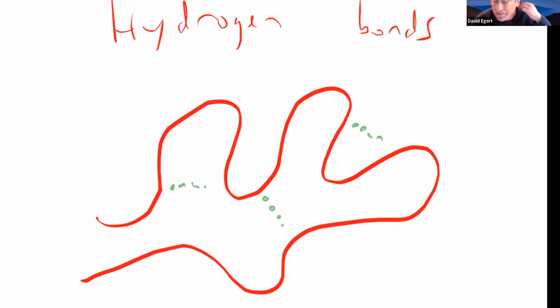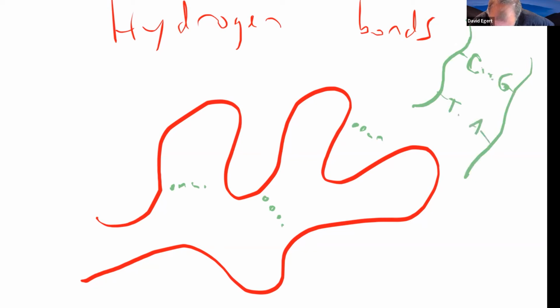Actually, a classic example is DNA. These are hydrogen bonds that are creating the attraction between the nucleotide bases and the base pairing. Those are hydrogen bonds inside a large molecule.